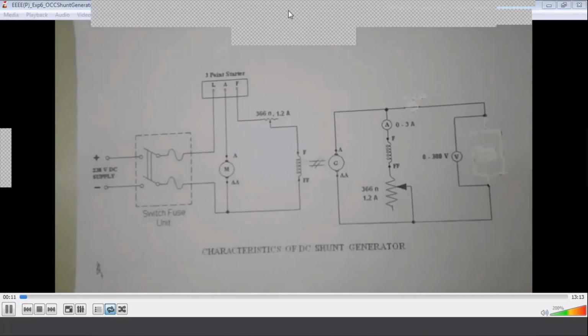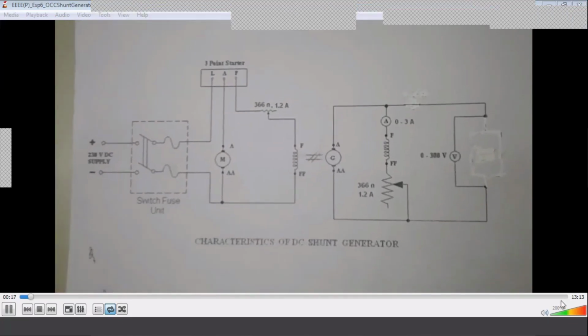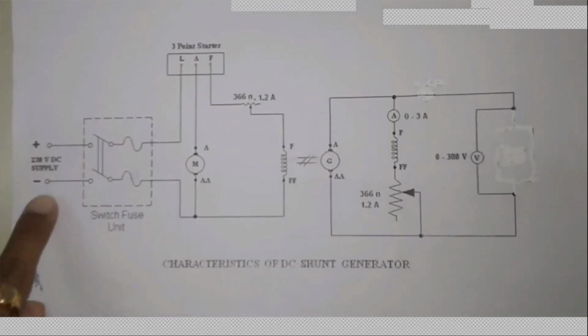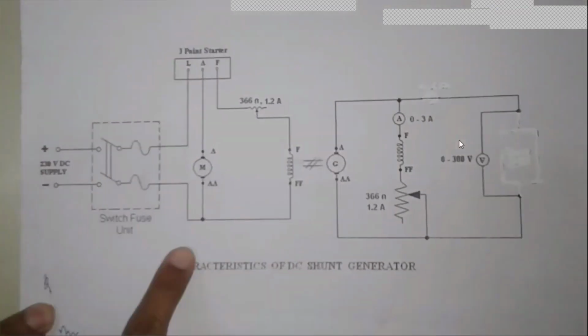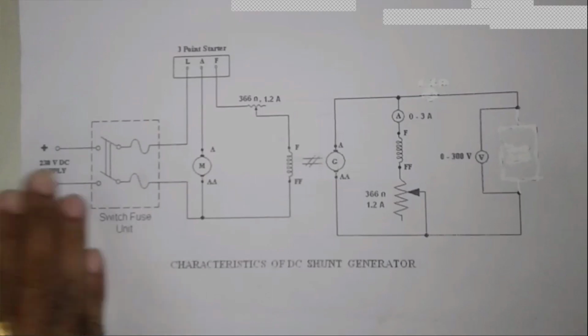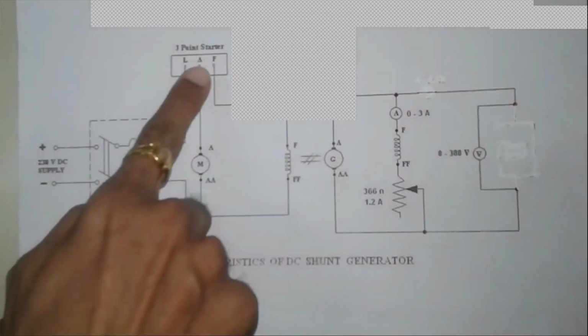Open circuit characteristics of the shunt generator. Now this is a basic circuit diagram of the DC shunt generator, in which first of all we are applying 230 volt through the switch fuse unit to the DC motor. So this is a DC motor, and this DC motor is started from the 3-point starter.